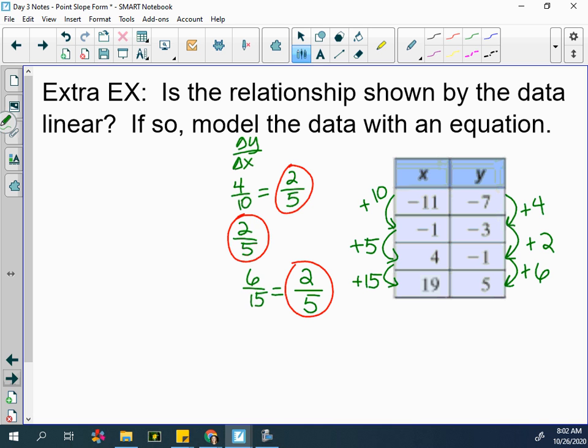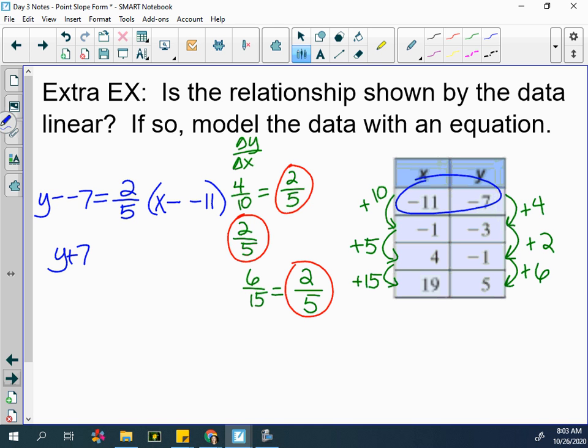So this will make an equation. Again, I'm just going to grab the first point. If you already are ahead and wrote a different point, that's fine. So I'm just going to pick this one. I'll have y minus -7 equals m, 2/5, times x minus -11, so they both will change.